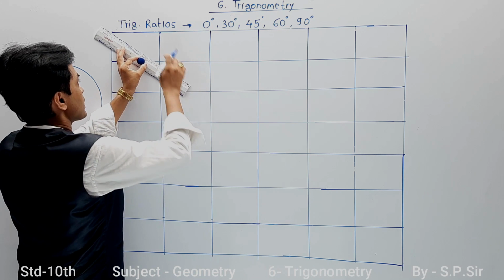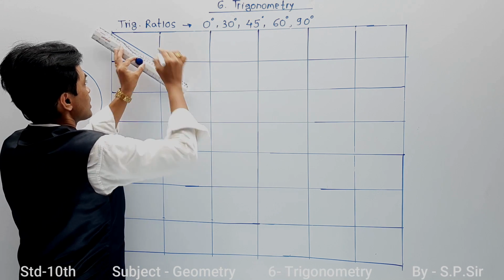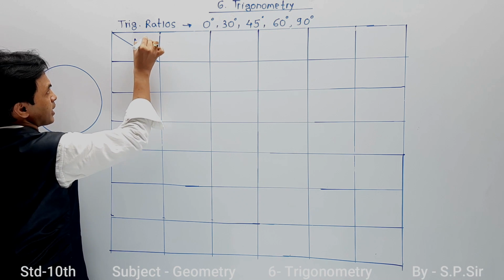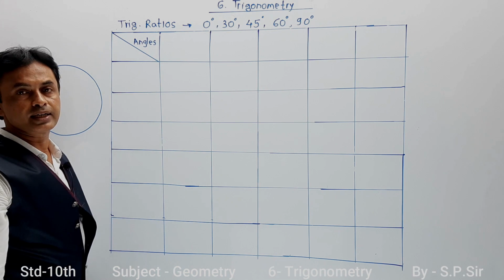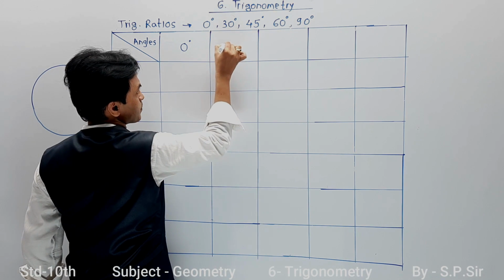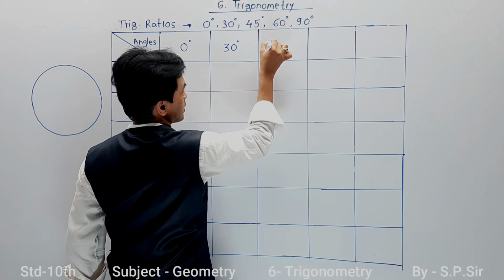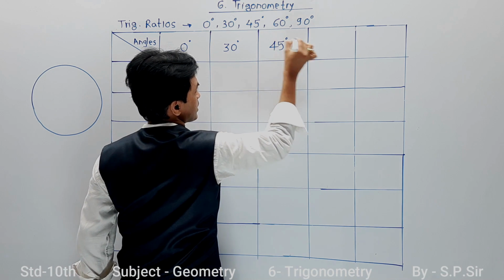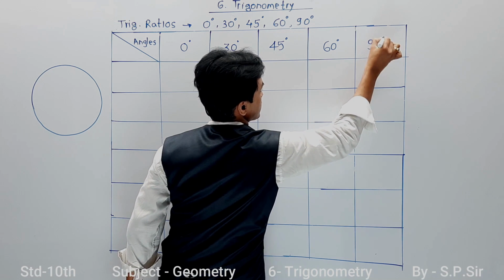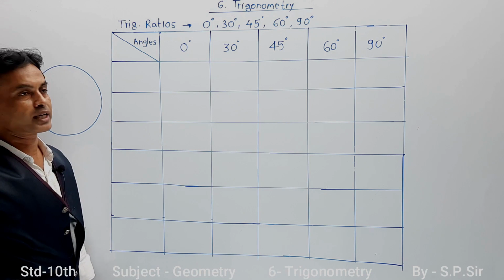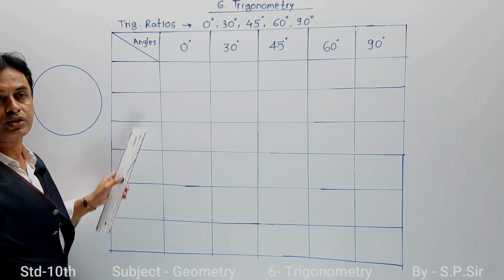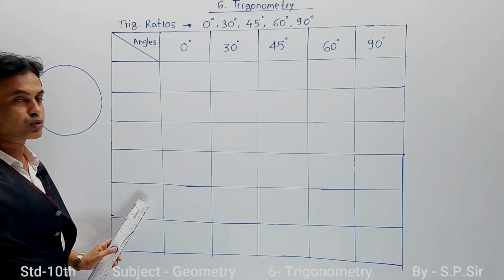Starting from the top, first of all you have to write the angles, which are in degrees: 0 degree, 30 degree, 45 degree, 60 degree and 90 degree. These are the angles in standard form, and we are going to write the pattern in terms of sine, cos, tan and sec, cosec, cot.